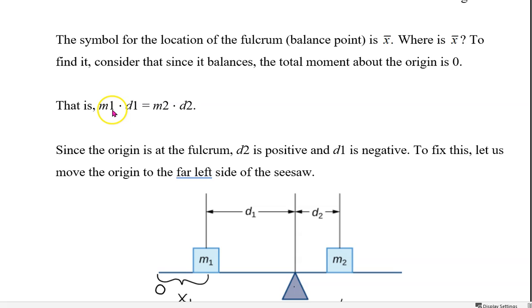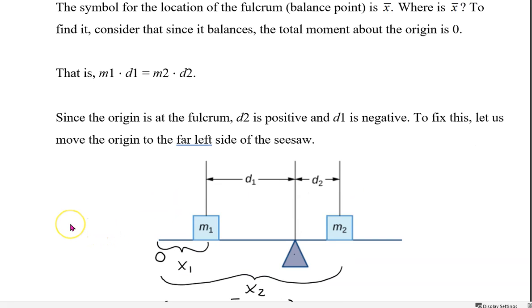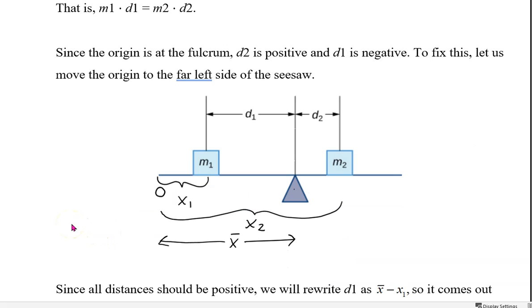That means that the mass of kid 1 multiplied by his distance from the fulcrum must be equal to the mass of kid 2 multiplied by his distance from the fulcrum. Since the origin is at the fulcrum, and the fulcrum is the place here where it's balancing, and d2 is positive, and d1 is negative. To fix this, we're going to move the origin to the far left side of the seesaw so that all of our values will be positive.